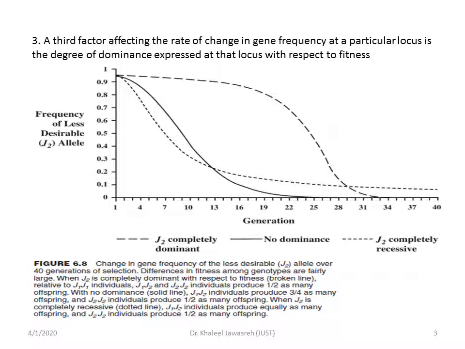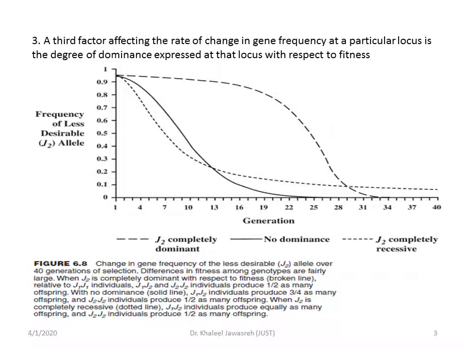If we start by selecting against J2, and we know that the J2 gene frequency is very high, about 95%, and J1 is 0.05, you can see the change in gene frequency over the 40 generations.